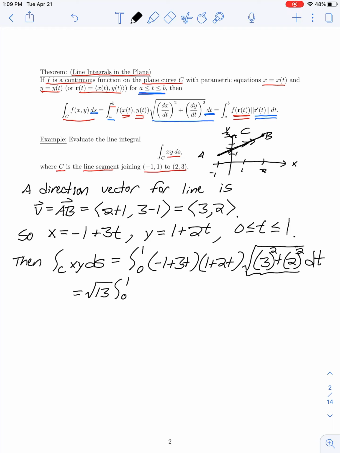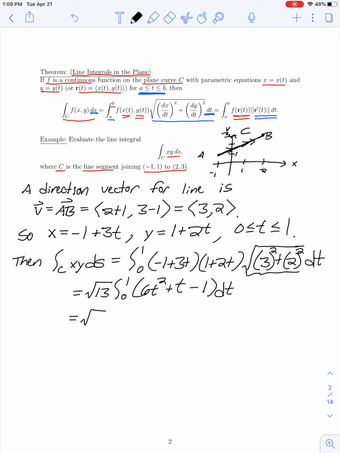So we have the square root of 13 times the integral from 0 to 1 of, if we expand this integrand that we're left with, 6t squared plus 3t minus 2t gives us 1t, and then minus 1, which we are integrating with respect to t.